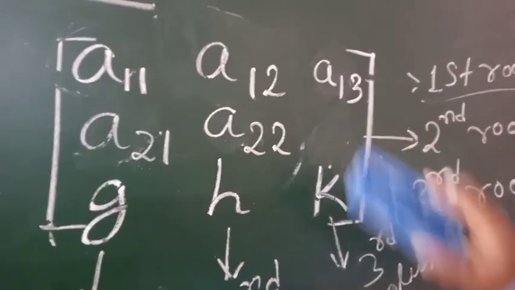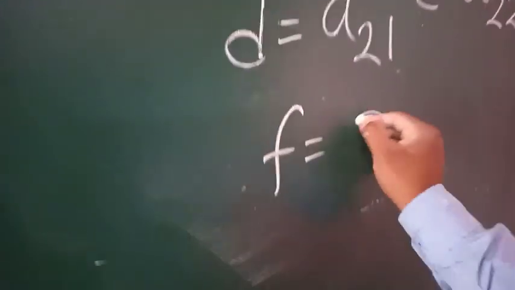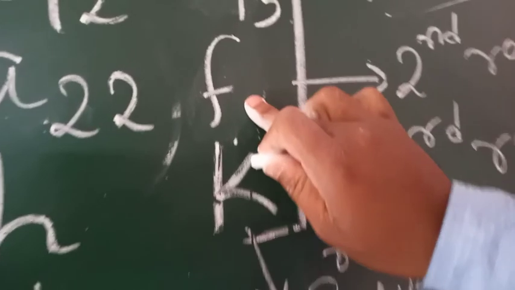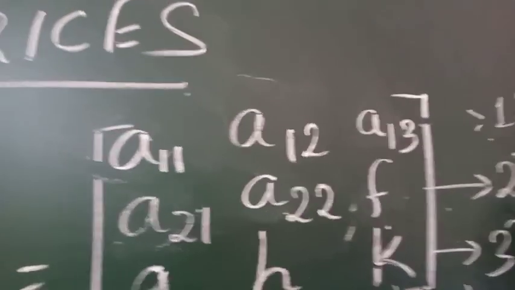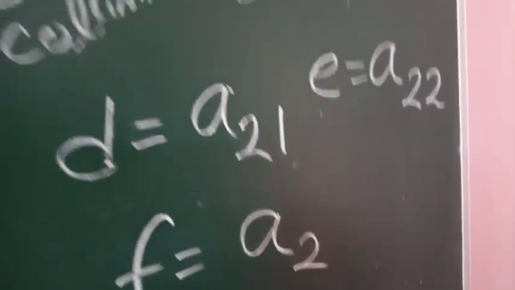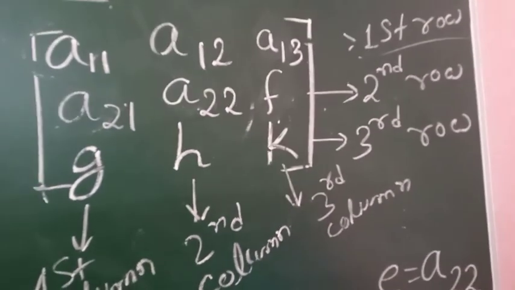Now the element F. F is in the second row and the third column, so A23.